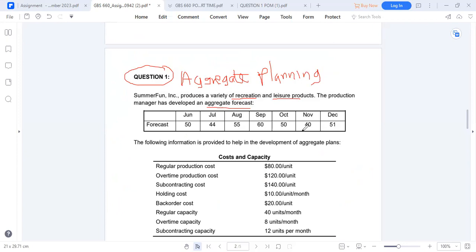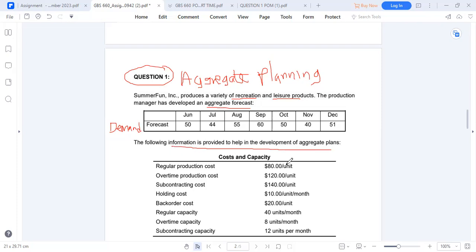These are the demand forecasts. The information has been provided here to help the development of an aggregate plan, the costs and the capacity involved.